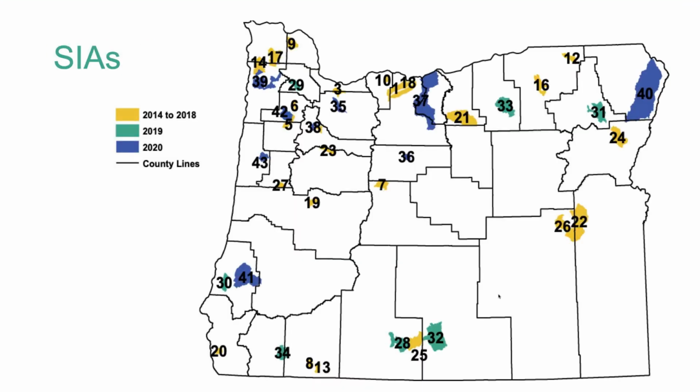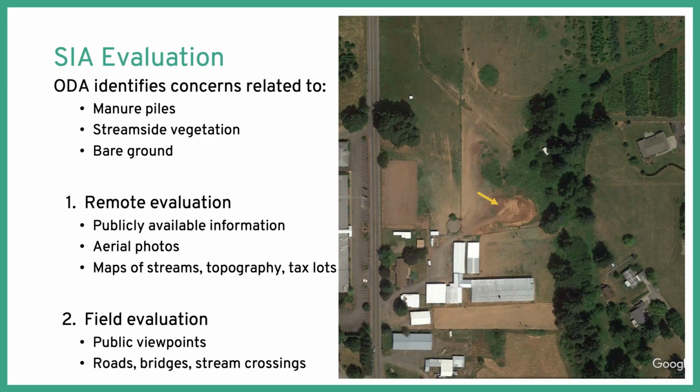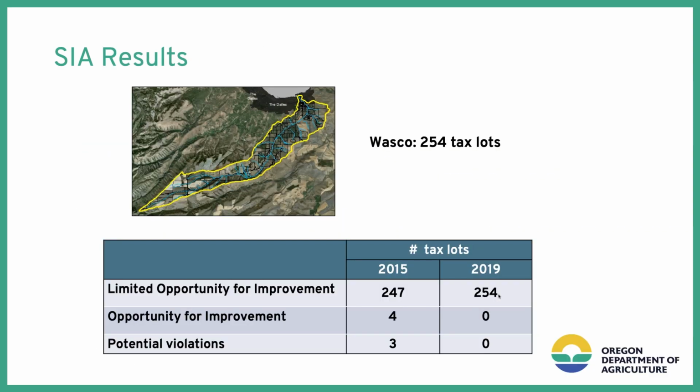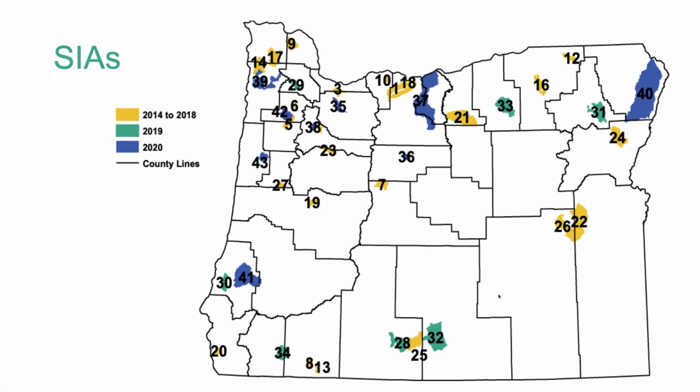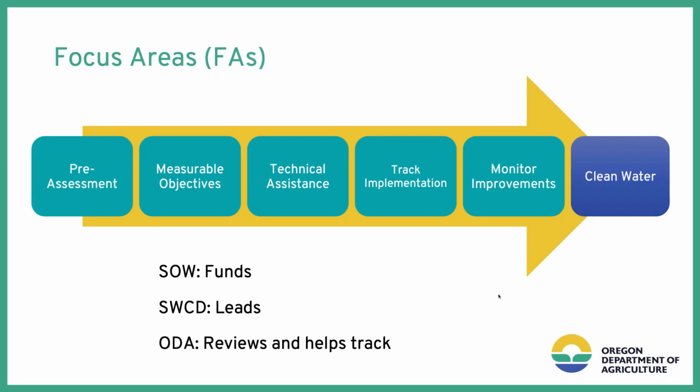And actually, Malheur SWCD is working with somebody to do drone flights to look at riparian vegetation in their SIA with the complete permission of the landowners. So ODA does not use drones for any of our evaluations, but if soil and water conservation districts want to do it, that's completely fine.